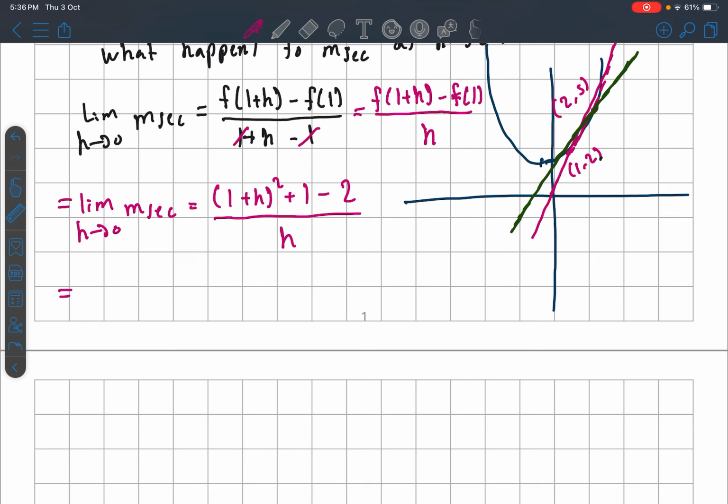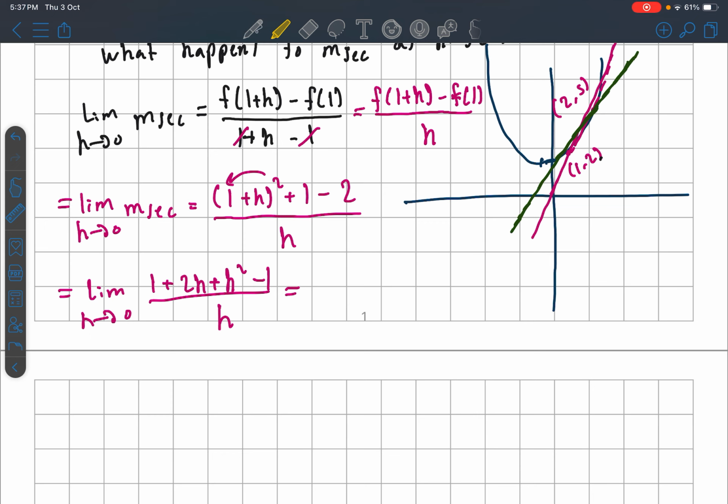It's equal to the limit as h approaches 0 of, we have to simplify it, 1 squared plus 2 times 1 times h, that means 2h, plus h squared, minus 1, and over here we have h.